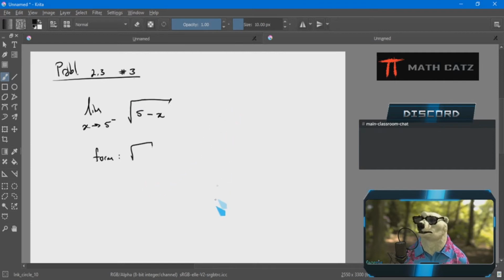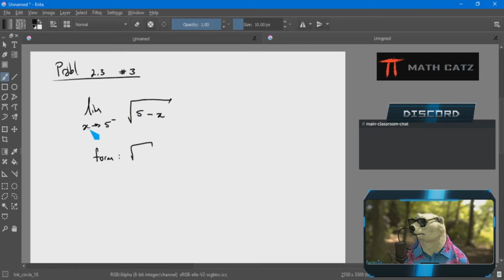It doesn't have to be a numerator and denominator. The only thing the form is doing is asking, how do pieces behave separately? Those pieces can technically be anything, sometimes more convenient than others, to be fair. So I'm leaving the square root as a piece, so to speak. And the 5 minus x I then have to explore. What is that doing? Because that's not a hard thing to figure out.